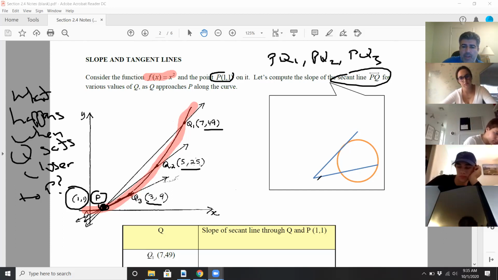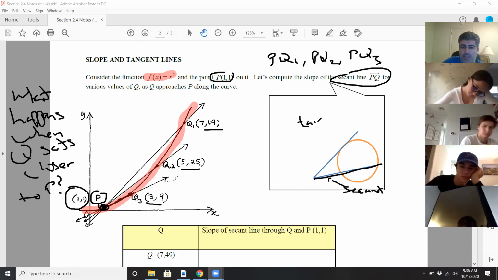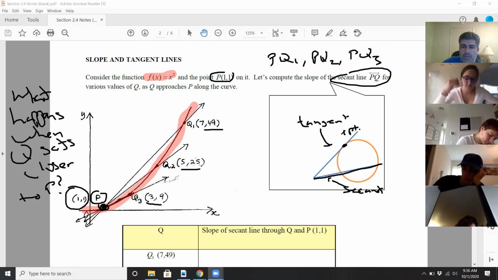Now, this we call a secant, just so you know. So this does come from geometry, and that's called a tangent. So here this touches at 1 point.